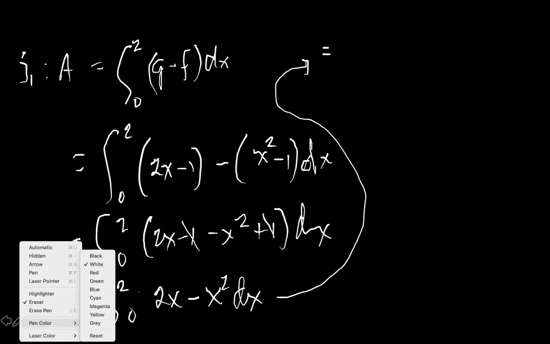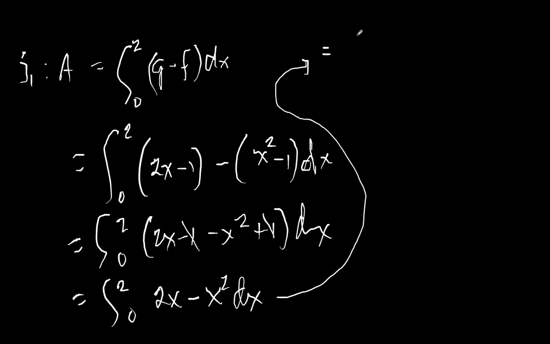Let's integrate the terms. The integral of 2x is just x squared, and the integral of negative x squared is negative x cubed over 3, to be evaluated from 0 to 2. Since the lower boundary is 0, we're just going to take care of the 2 here.